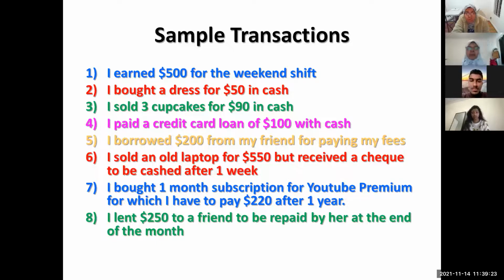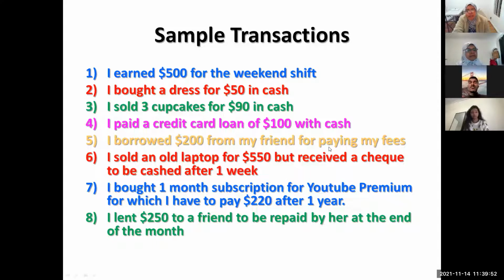So you are supposed to receive 250. So the 250 that I'm supposed to receive, is that accounts receivable? Yes. And me lending it to her, so it's cash, is that credit? Yes, you are giving her cash, so credit, and accounts receivable is debit.